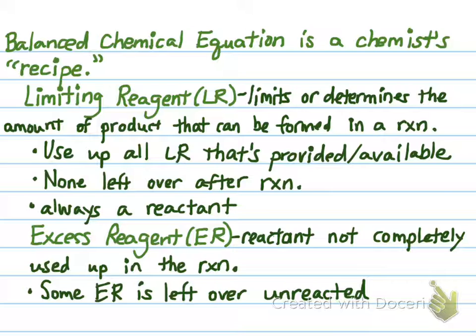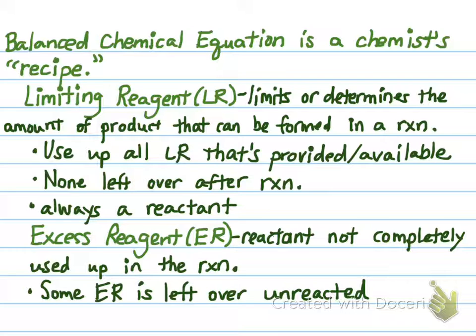So again, when we think about gassing up, the amount of money we have, our cash, is our limiting reagent. The excess reagent is the gasoline, right? There is still gas at the gas station after we've gassed up. We don't use it all up. When we were making the sandwiches, we ran out of the bread. There was still plenty of meat and plenty of cheese, so the meat and the cheese were the excess reagent.